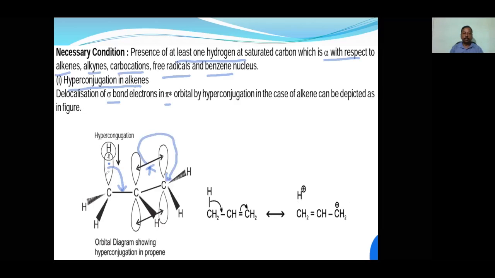See here, there is a bond in this structure, but there is no bond here. There is a pi bond here, though, but now it is converted to a lone pair. This is the orbital diagram. This is the skeleton diagram regarding the alpha hydrogen and hyperconjugation.